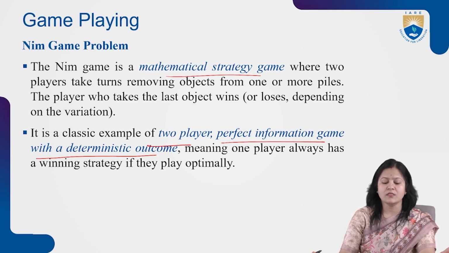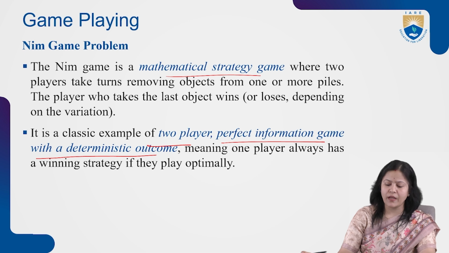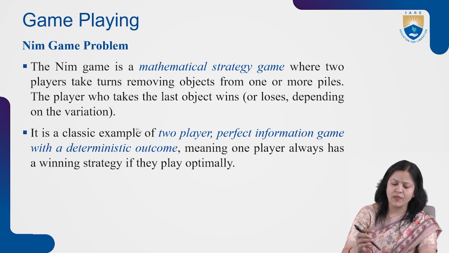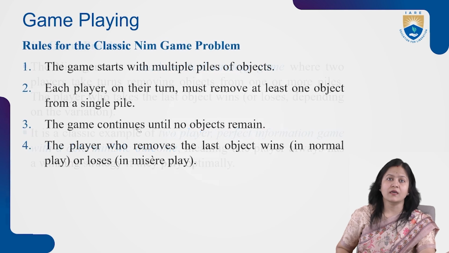Deterministic outcome means that if the output of every action can be determined in advance, then it is called a deterministic outcome. So it is a two-player perfect information game with a deterministic outcome, meaning one player always has a winning strategy if they play optimally. Normally, in a minimax game, the max player always tries to win the game.